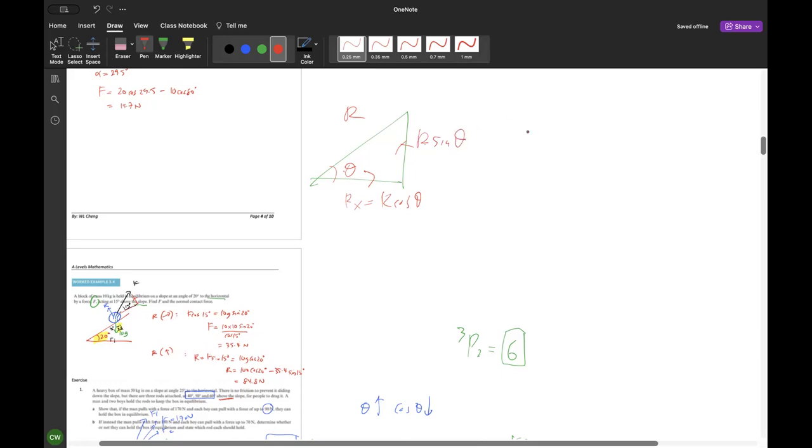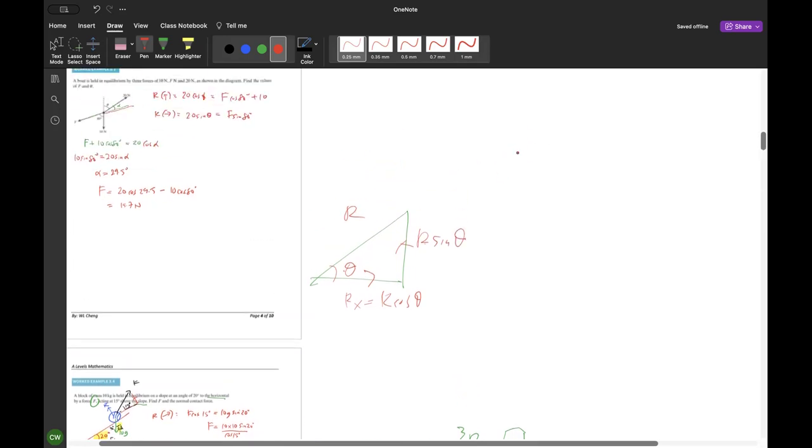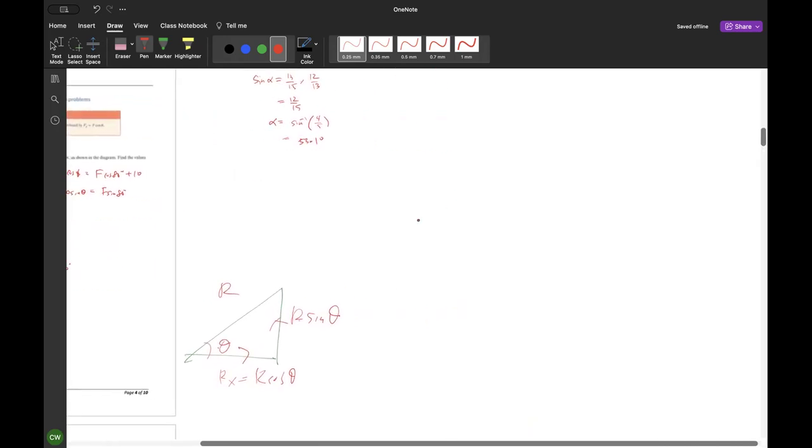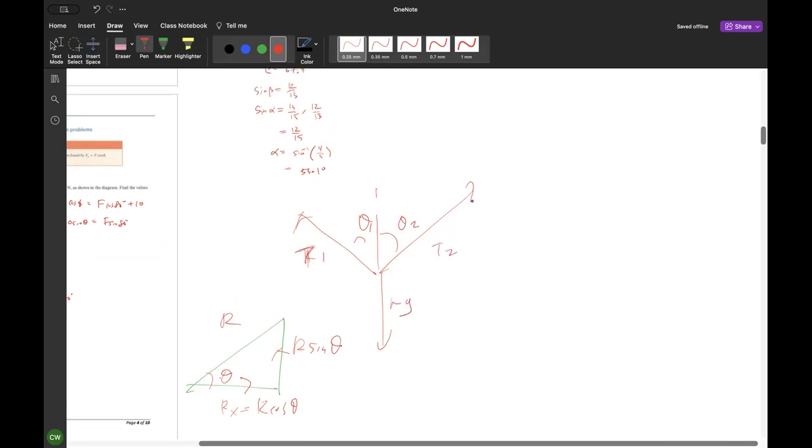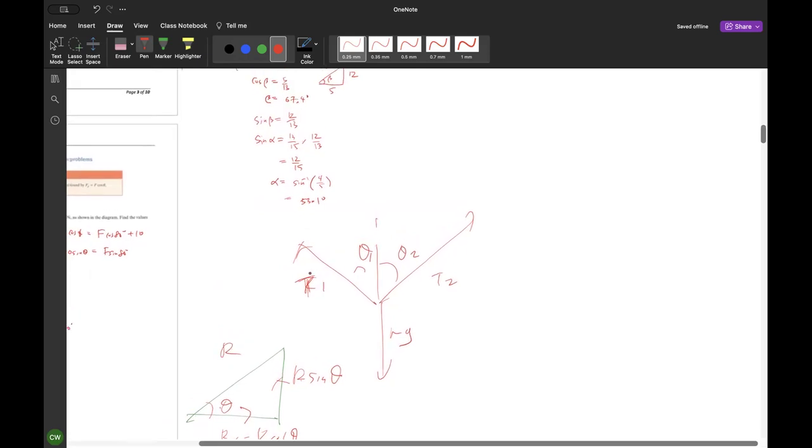This uses equilibrium. Theta 1, theta 2, R1. Let's say tension 1, tension 2, and mg. This is next to the angle. Because this is the resultant, that means like that, 90 degrees, T1 next to the angle is cos.